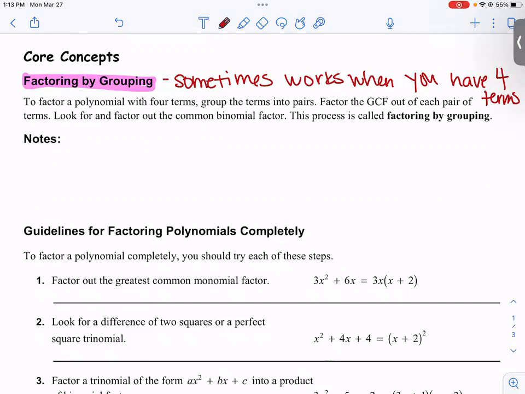So we've been factoring a lot of trinomials. There are 3 terms. But today I'm going to show you what's called factoring by grouping. This is something that is going to help us if we have 4 terms. Now, it's not the be-all and end-all. It's not going to work every single time when we have 4 terms.